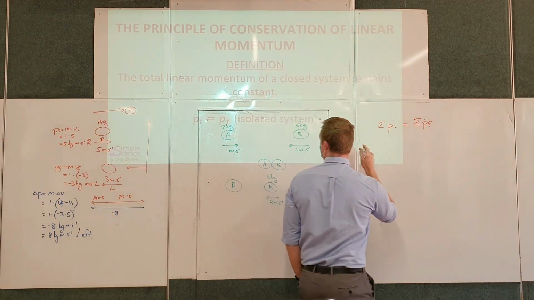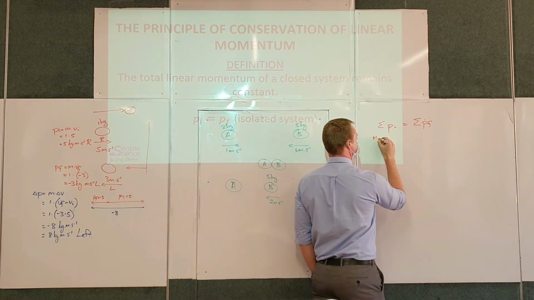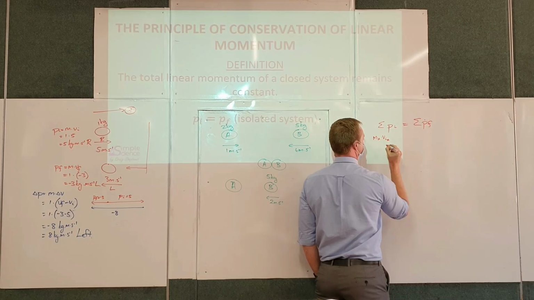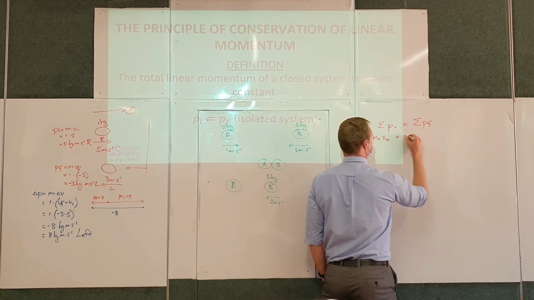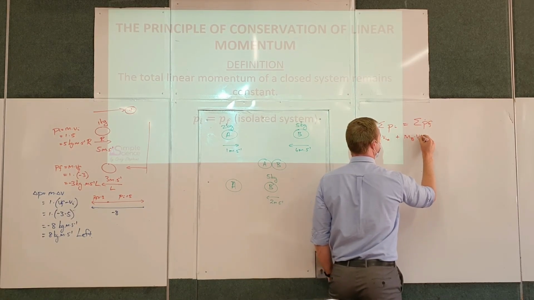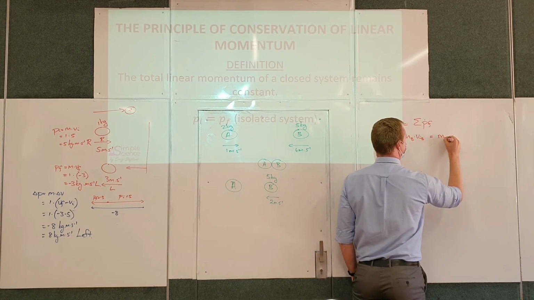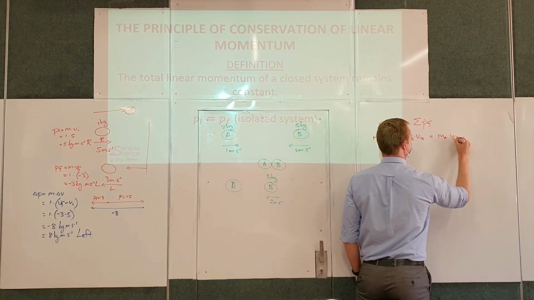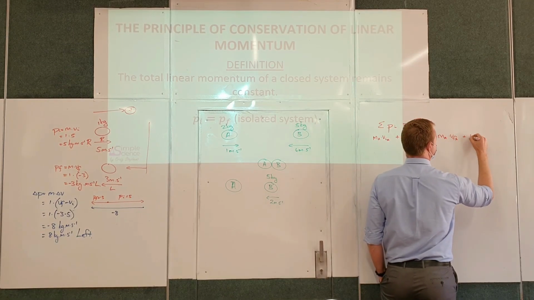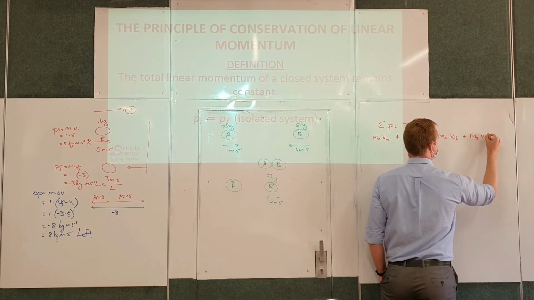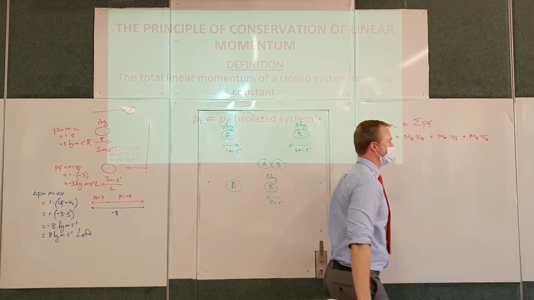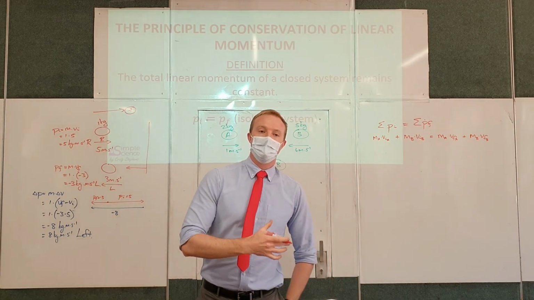The sum of the initial momentum is the mass of ball A multiplied by the initial velocity of ball A, plus the mass of ball B multiplied by the initial velocity of ball B, and that is equal then to, again, the mass of A multiplied by the final velocity of A, plus the mass of B multiplied by the final velocity of B.